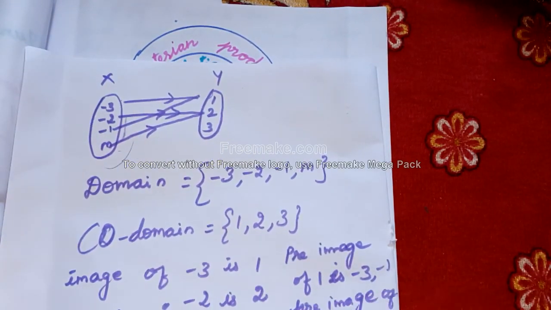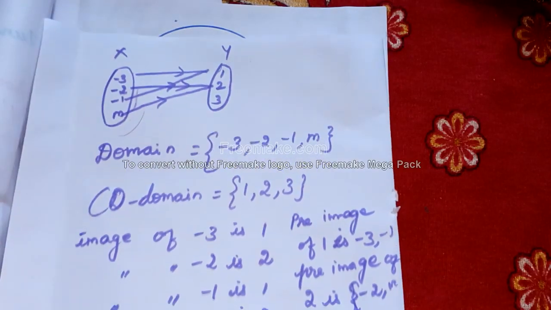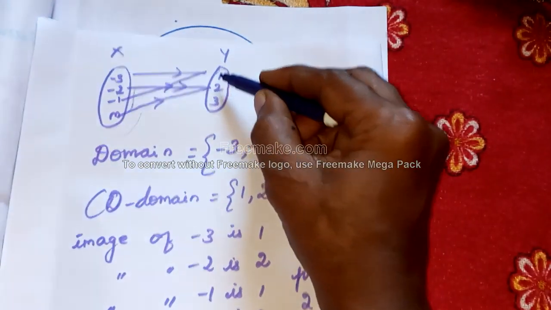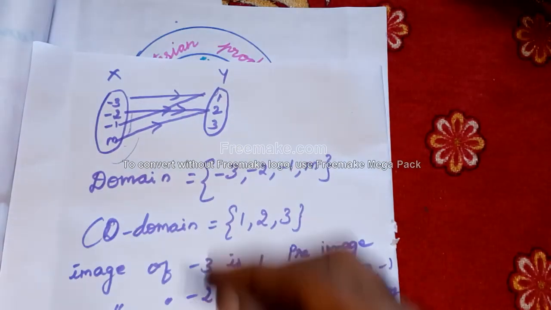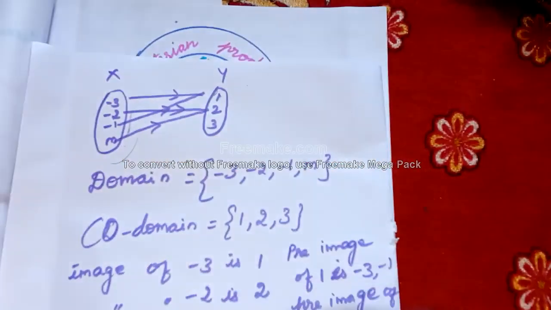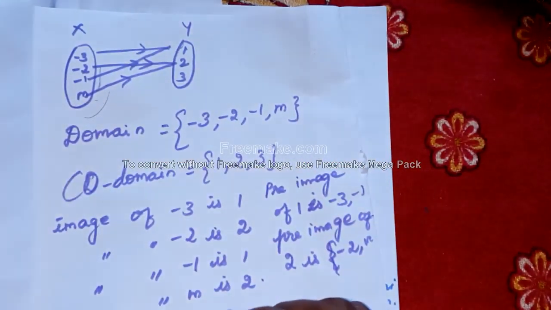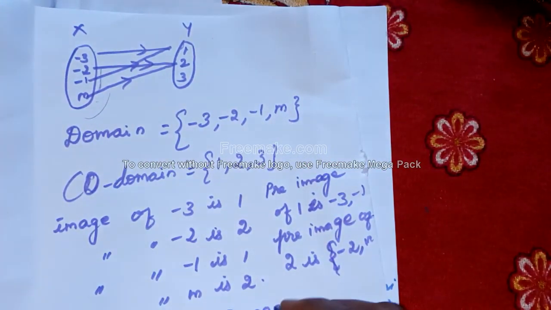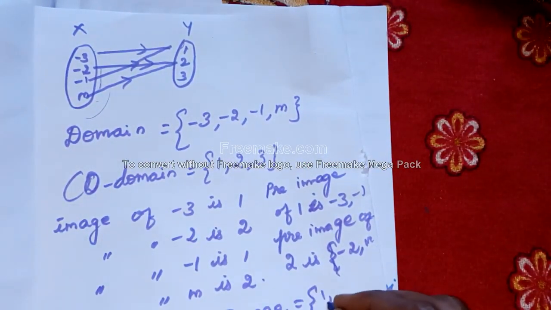This 1, 2 is the range of this function. Range is equal to {1, 2}. Clear?